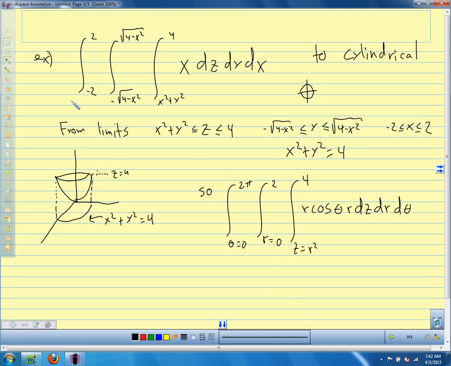So let's take a look at this integral before we evaluate it. Not even thinking about the limits, what does the triple integral of x dV represent? x is the distance from what? The yz plane.